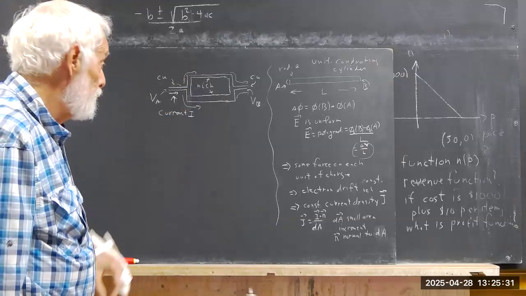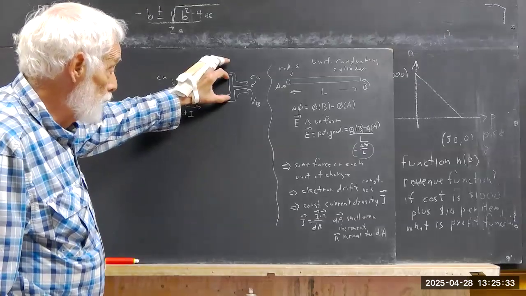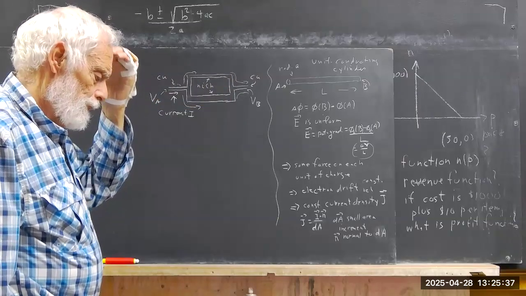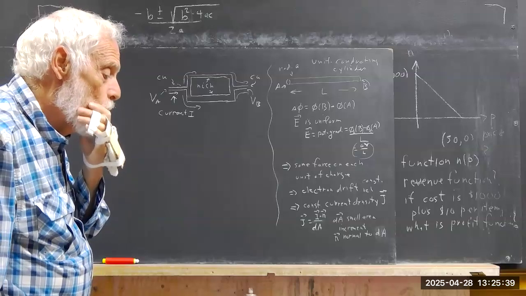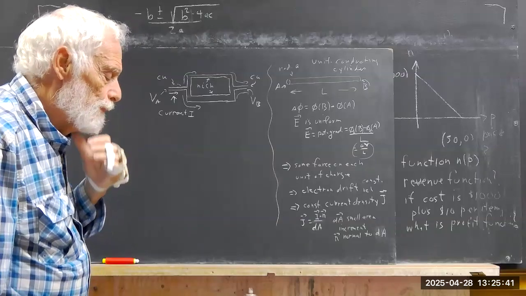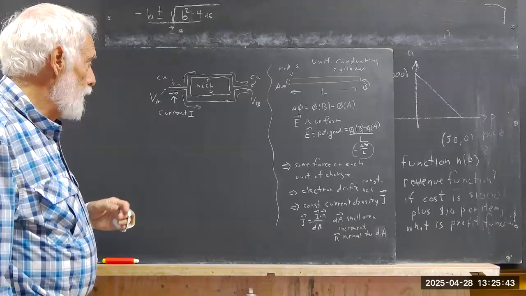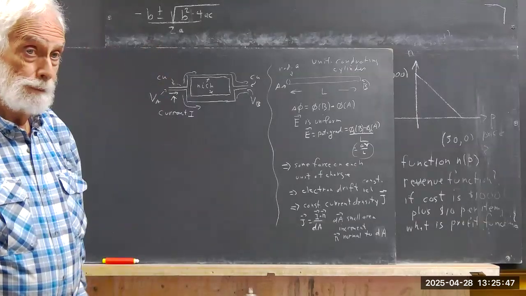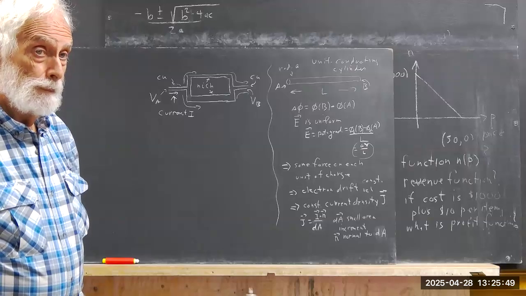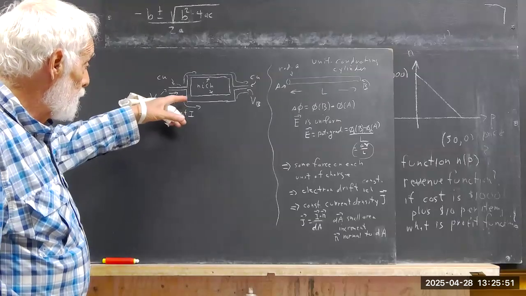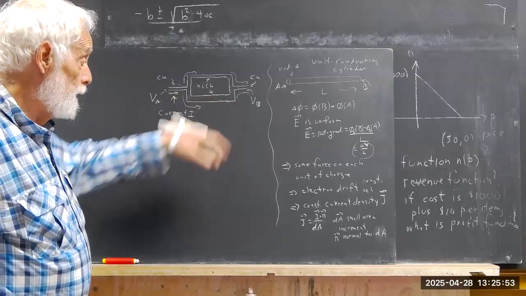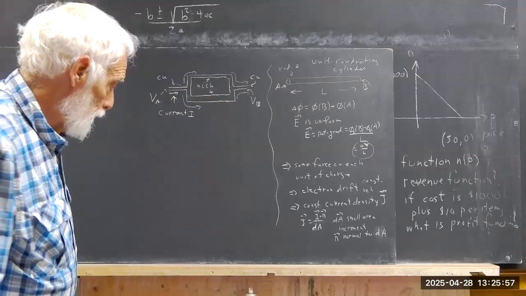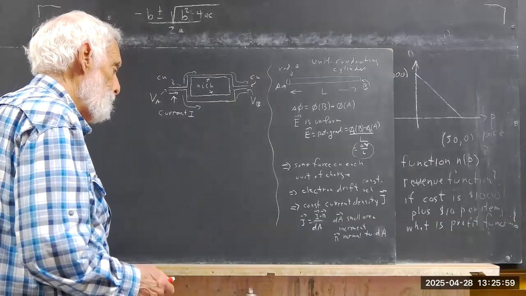Okay, and the potential here is going to be the same. Okay, so given that, if you know the conductivity of nichrome, what's the current density going to be in here? And I could add this.